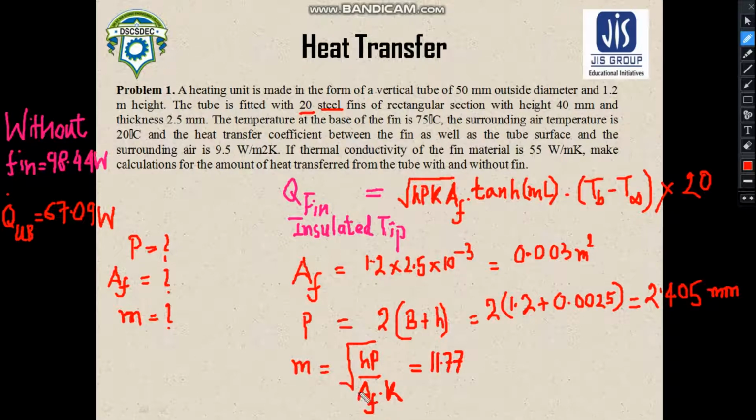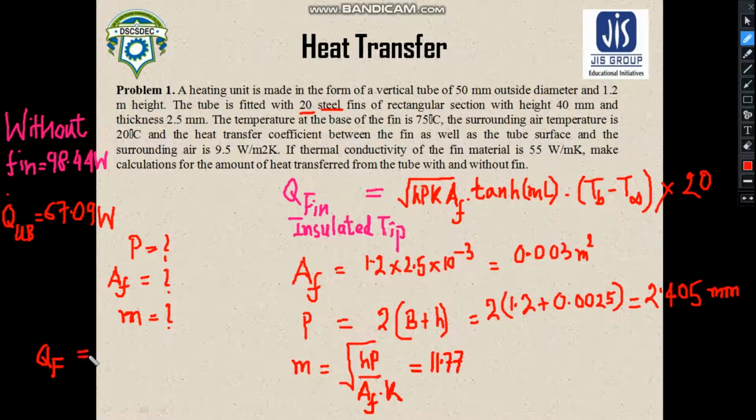If you remember the previous classes, you will understand what we mean by perimeter of a fin. So we find the perimeter of the fin as 2.405 millimeter, and m is always given by the square root of hP by kA_f, k into area of the fin, and after putting the relevant values we will get m as 11.77. After doing this we have all the data available with us, and now we can easily calculate this Q_f.